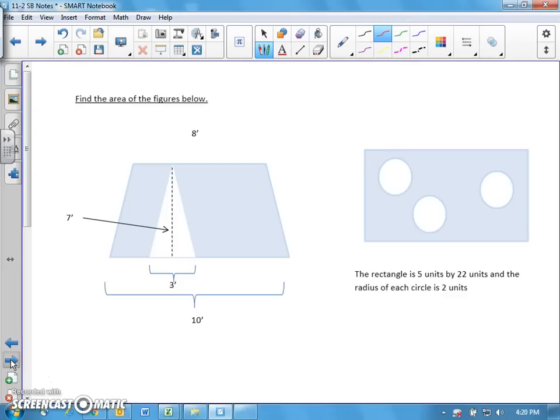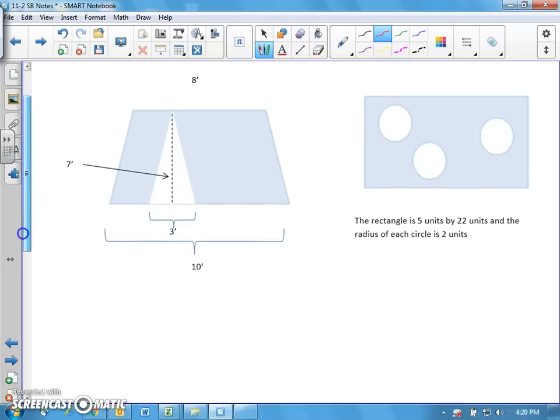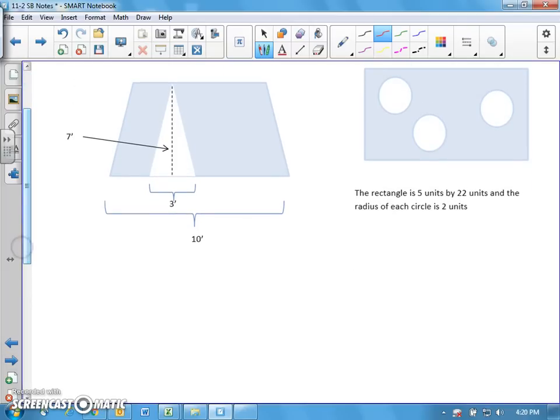Okay, so our next figure, I have a trapezoid, and what I've done is taken out a triangle. So when I look at this, in terms of finding the area for this figure, I want to do trapezoid minus triangle.